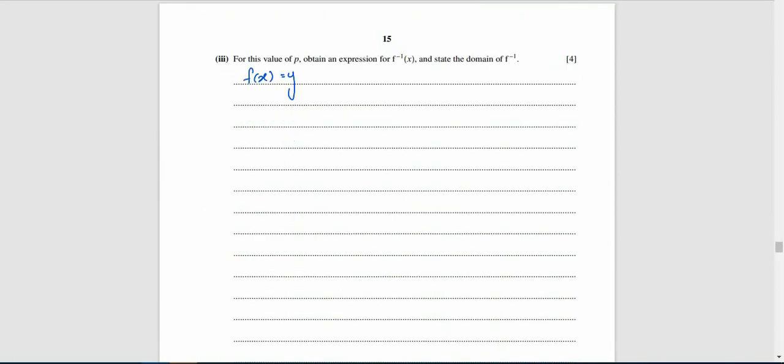I'm gonna take this equation and write it down: 3x minus 1 whole square plus 5. Now f(x), I'm going to change this to y and work towards making x my subject in this equation.